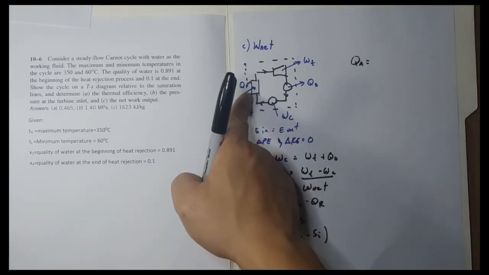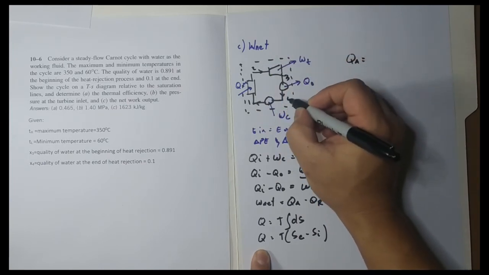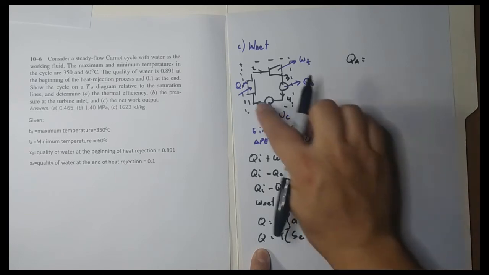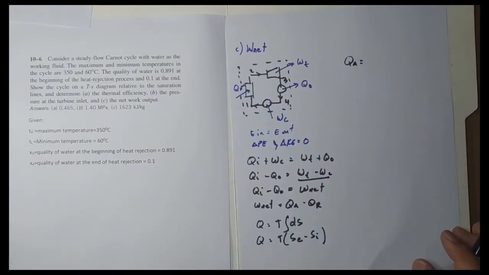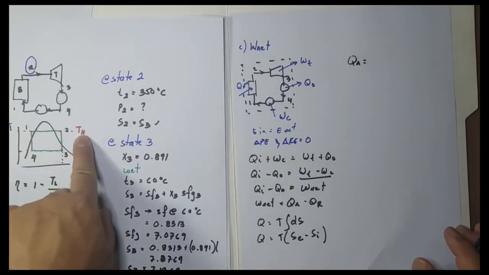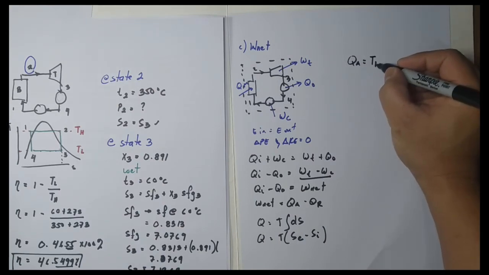ay, ito yon, QA. This is 1, 2, 3, 4. Ang temperature niyan, okay, dito, ang temperature ng 1 to 2 ay yung 350. So, T high.